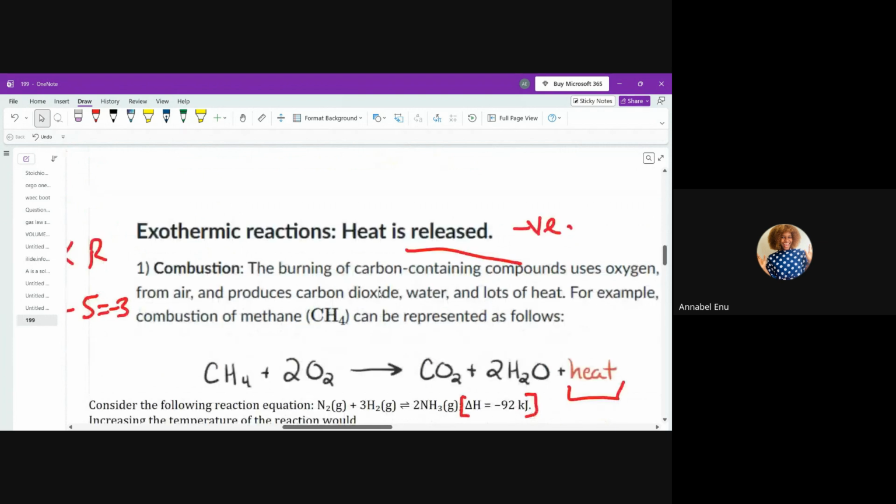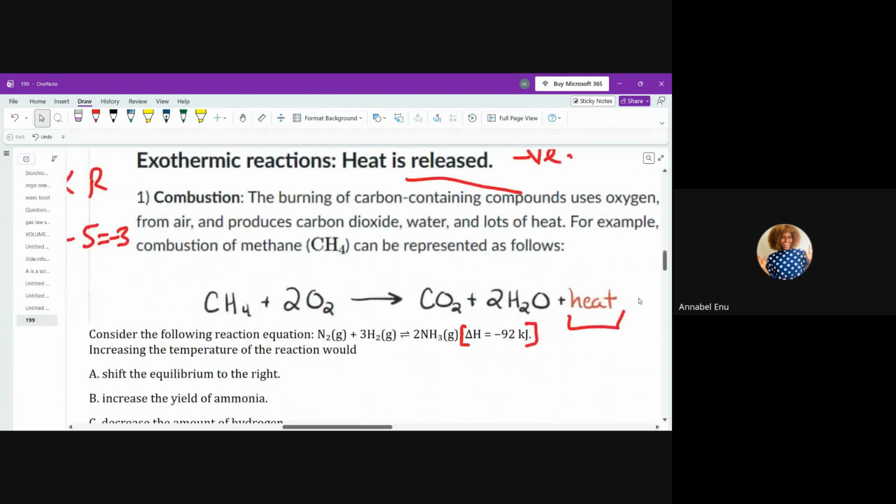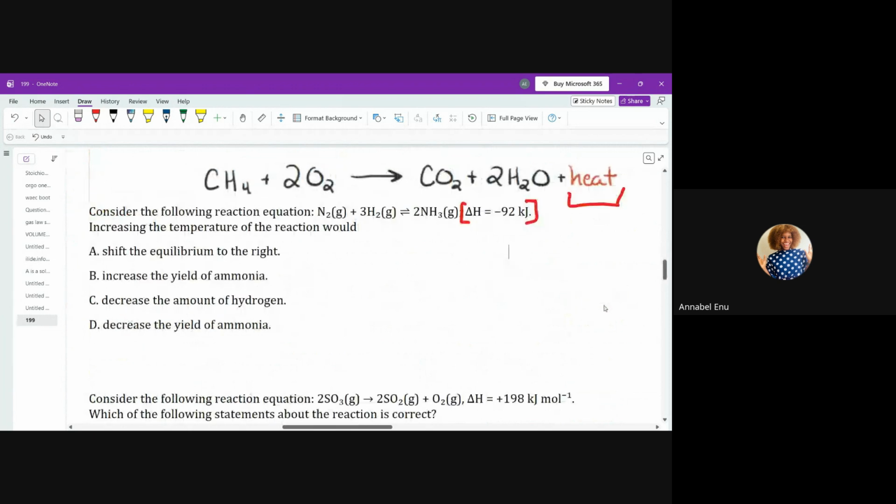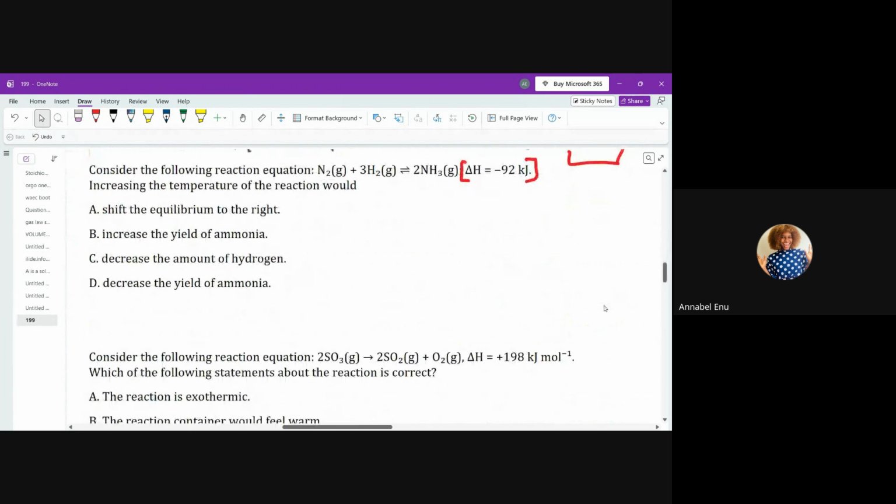If it is exothermic, heat is at this other side. So now in this question, is heat part of the reactant or part of the product? Product. Very good, product.